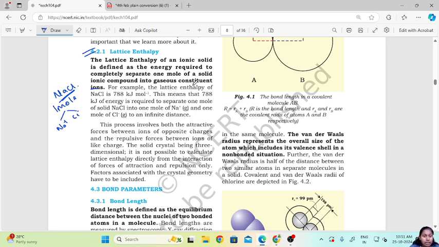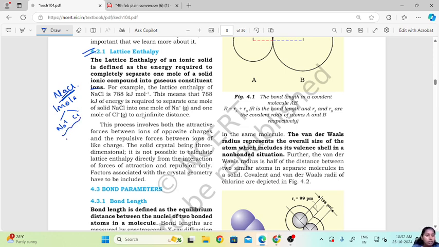For example, the lattice enthalpy of NaCl is 788 kilojoules per mole. This means that 788 kilojoules of energy is required to separate 1 mole of solid NaCl into 1 mole of sodium gas and 1 mole of chlorine gas to an infinite distance. As I told you, it is the energy required to separate this NaCl into its two constituent gas components.